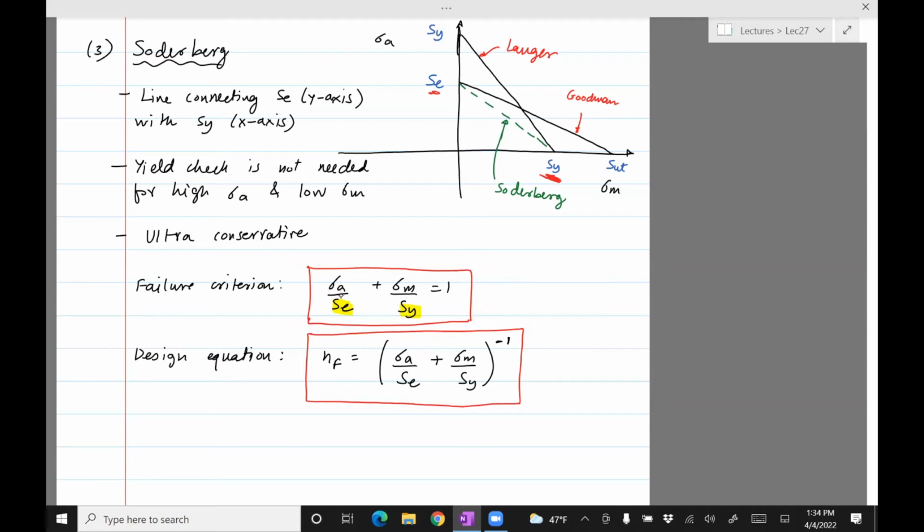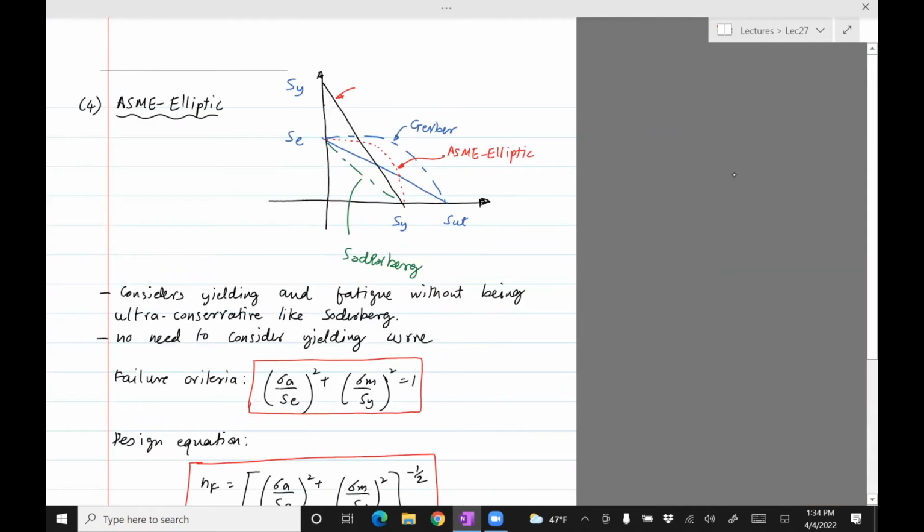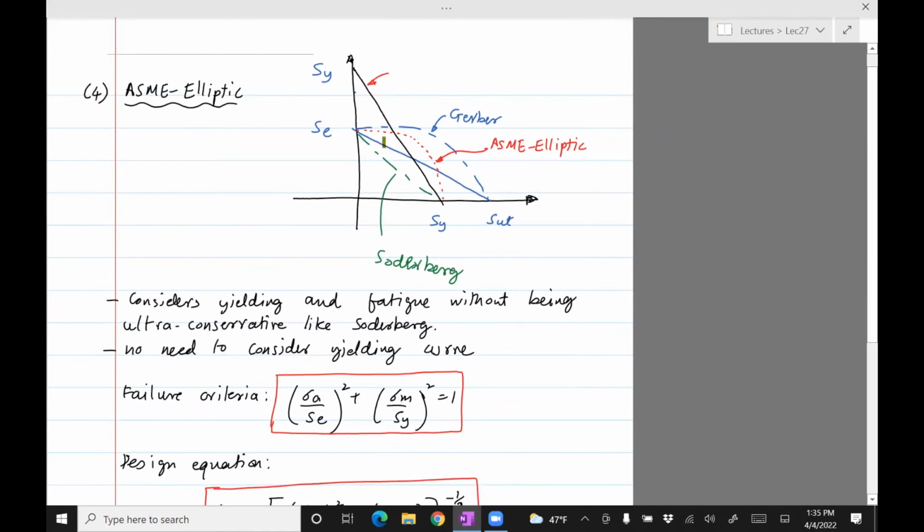Okay, the last line is the ASME-Elliptic equation. I think this is the most popular one. It's the one where you join SE with SY using a parabola. Well, sorry, my bad, not parabola. It's an ellipse. It's an equation of an ellipse.